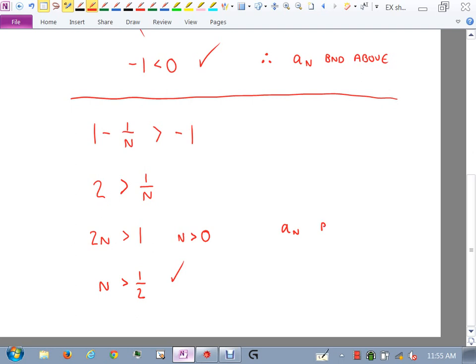Therefore, a sub n is bounded below. So I've shown it's bounded above and below. Not every sequence is bounded above and below. Y'all hear me? Not every sequence is bounded above and below.